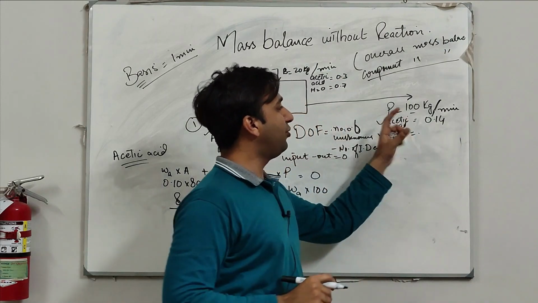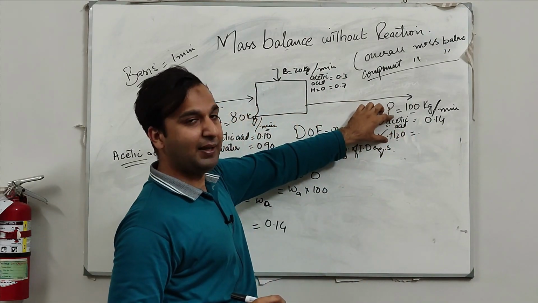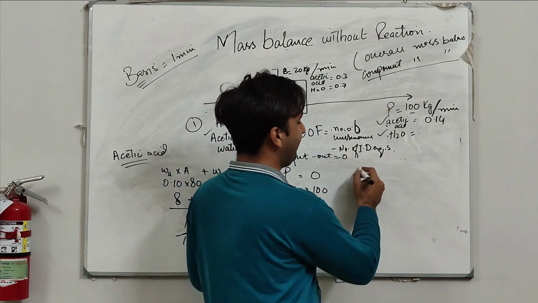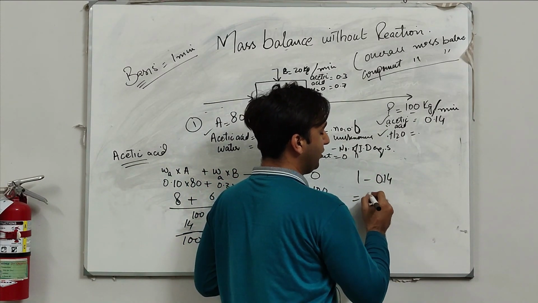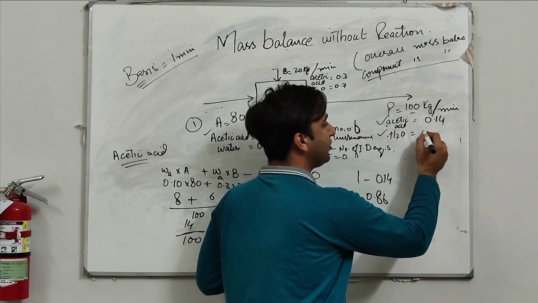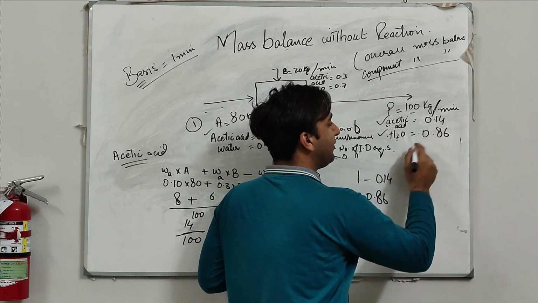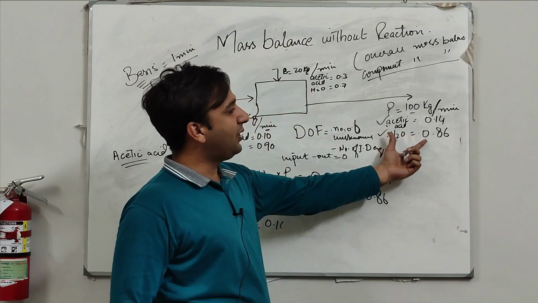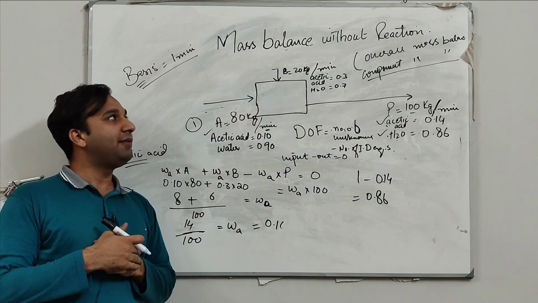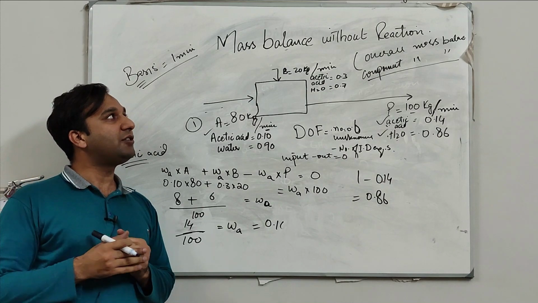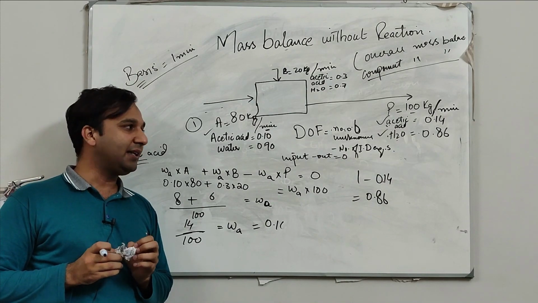Now we know that their sum will be equal to 1. So 1 minus 0.14 is equal to 0.86. So the weight fraction of water here will be 0.86. In this way we have solved our first problem, that was mass balance without a chemical reaction.